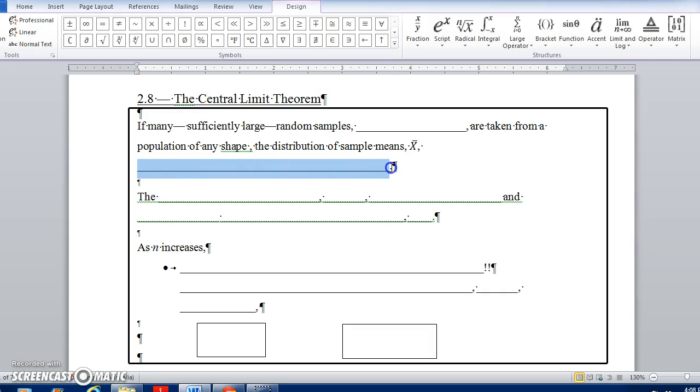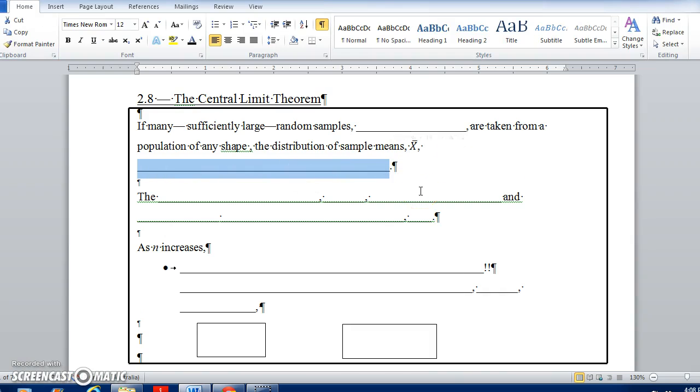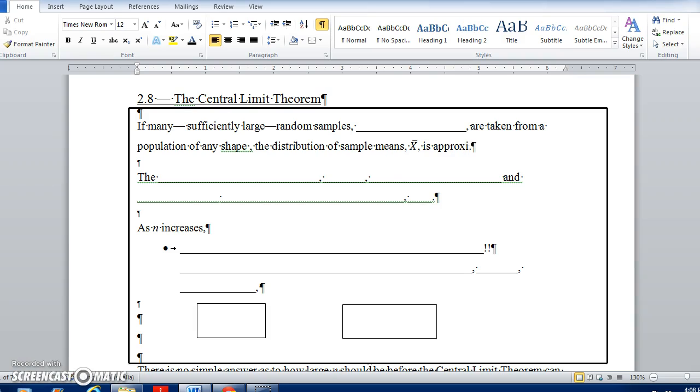So the distribution of sample means is approximately normal.